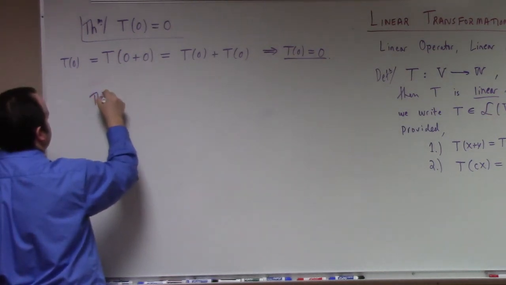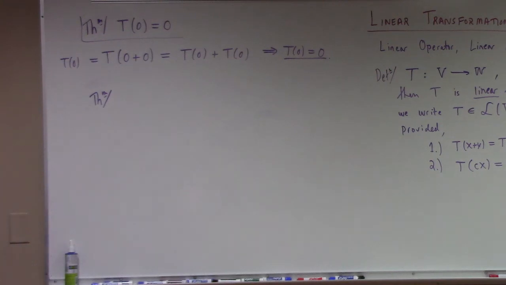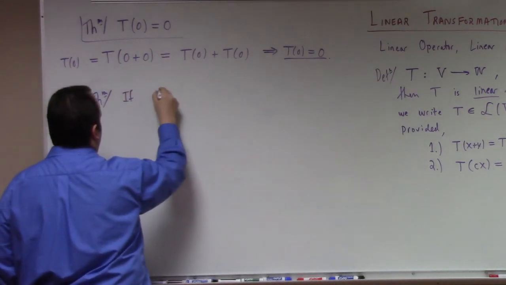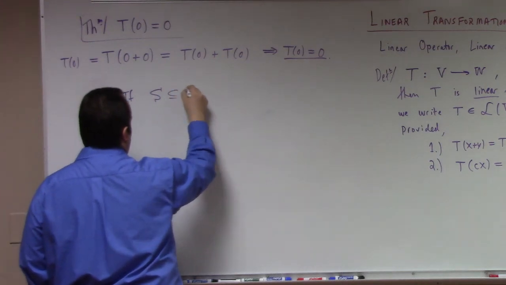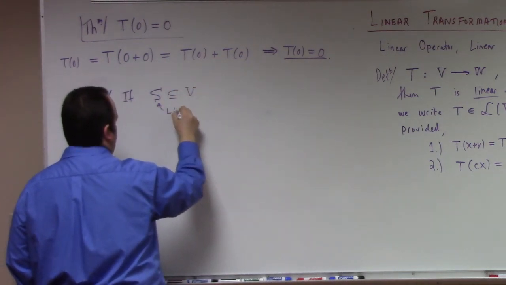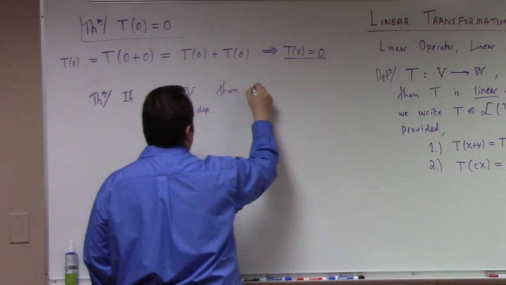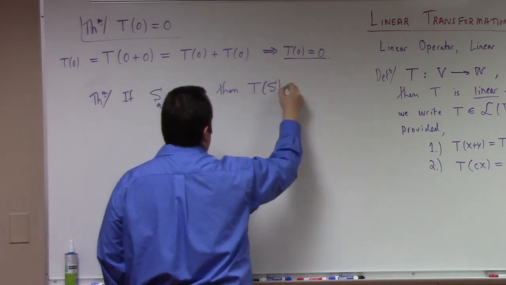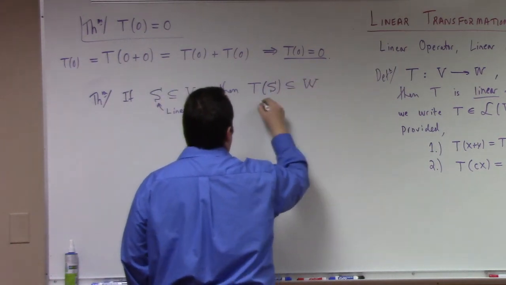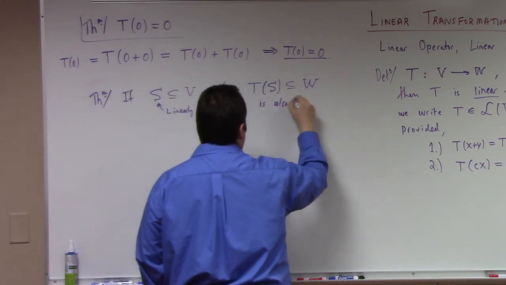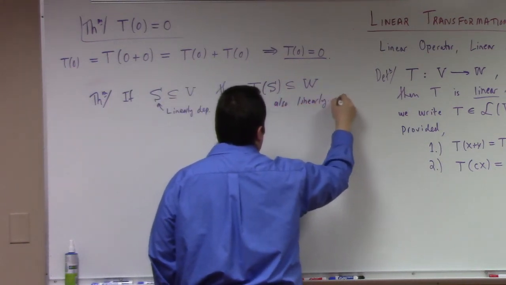Another theorem. If S is a subset of V, and S is linearly dependent, then T of S, which is a subset of W, is also linearly dependent.